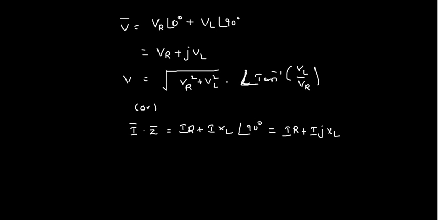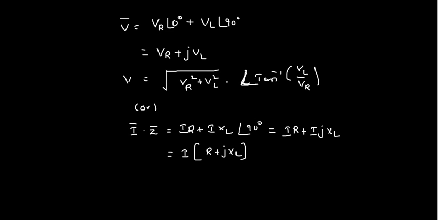From these two, if I take I as common, I can write R plus JXL. So this is another representation when we excite a pure resistor and inductor in series.